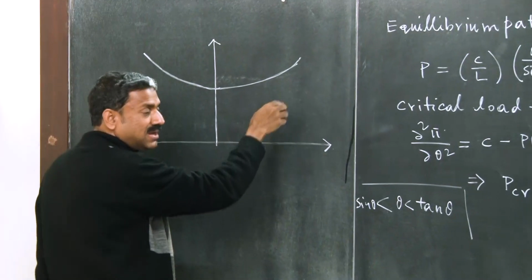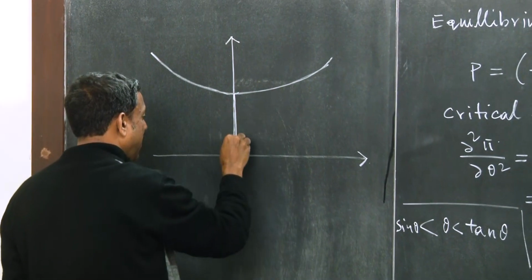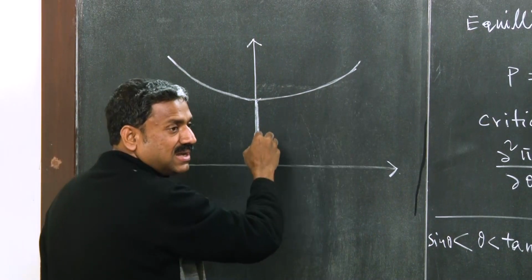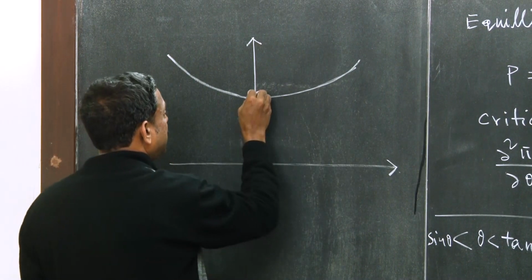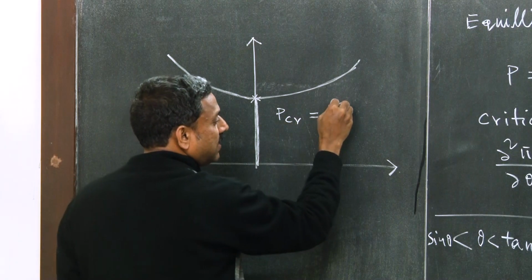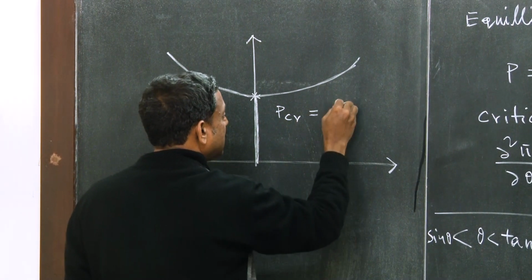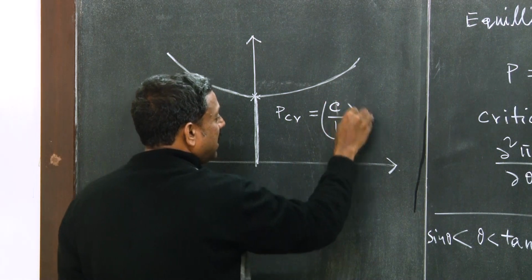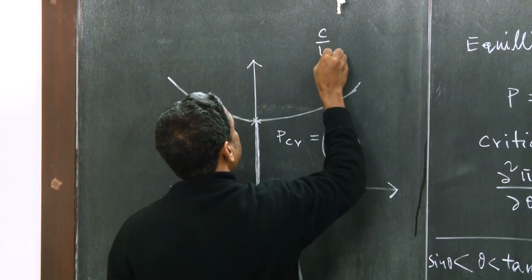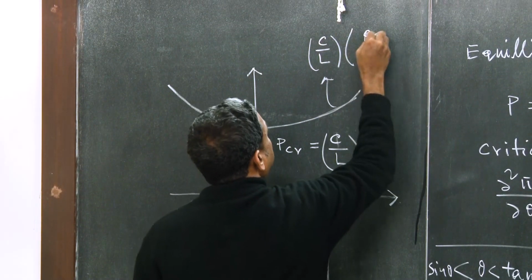It is symmetric, right? So, what we see is that this was the fundamental path. After that, it is bifurcating, right? Clear? So, this is my critical load, P critical, which is C by L at this point, and then the equilibrium path we are plotting here is C by L theta by sin theta.